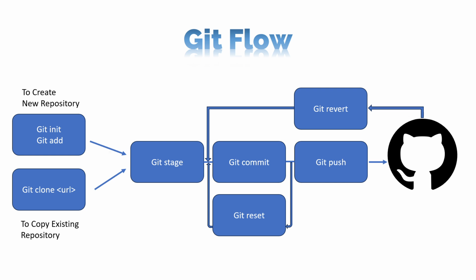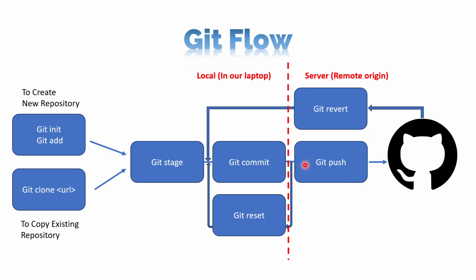For example, if we have 10 file changes in our application and we want to push only 4 of them, then we have to stage those 4 changes. Then we can commit it. When we commit, our changes are in our local environment only. Until we push our changes, they won't be visible to other collaborators or project teammates.